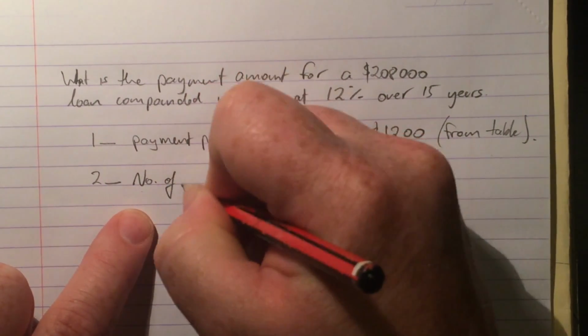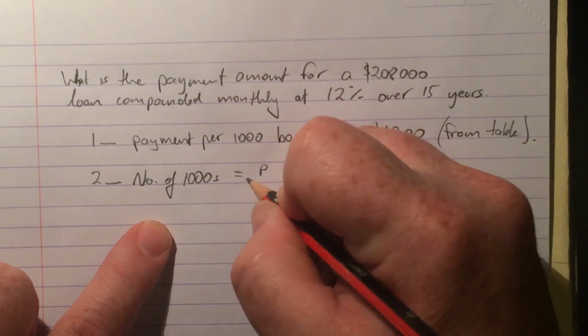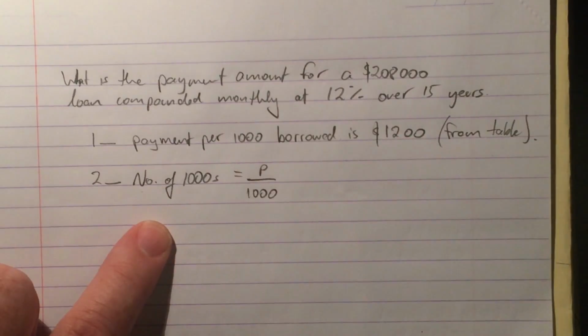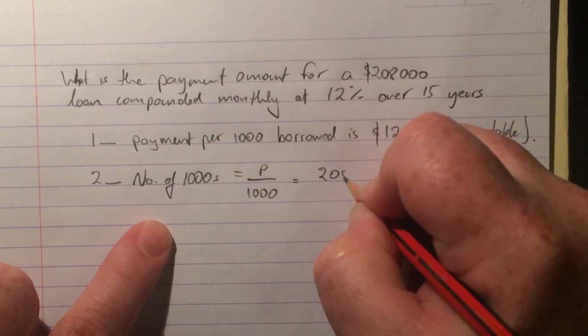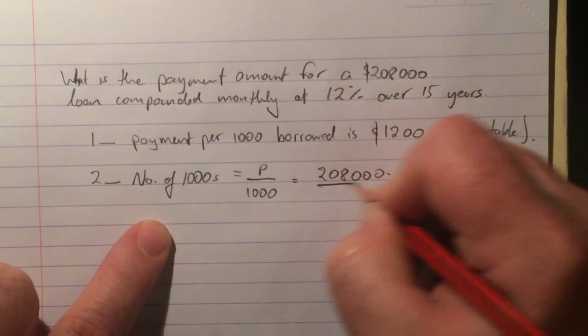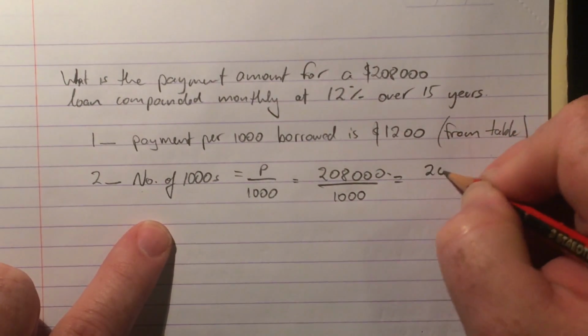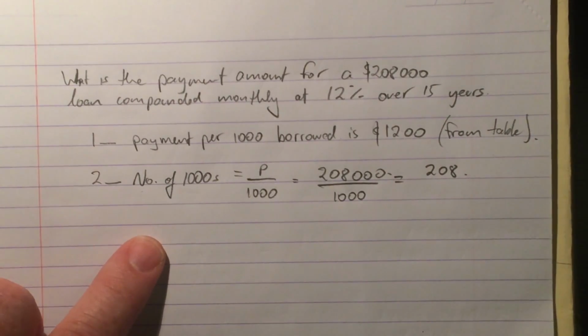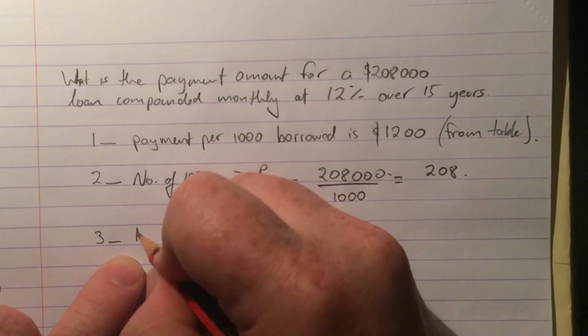So the number of thousands borrowed is equal to the principal divided by $1,000. So that's 208,000 divided by 1,000, which is obviously 208.